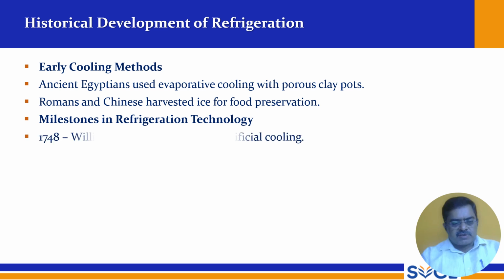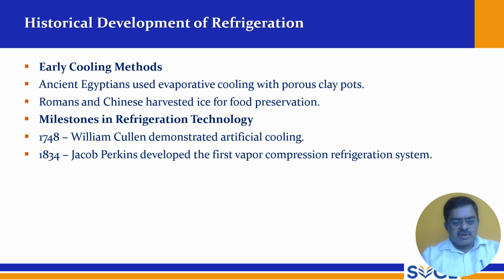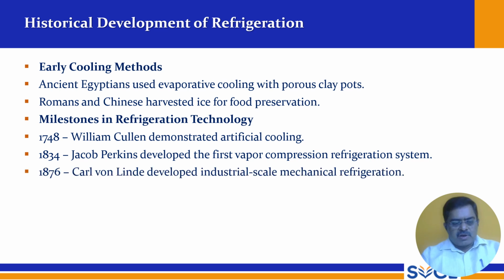Milestones in refrigeration technology: in 1748, William Cullen demonstrated artificial cooling. He is the first person who demonstrated artificial cooling. In 1834, Jacob Perkins developed the first vapor compression refrigeration system. So this is when the first refrigeration system came into the picture. Then in 1876 Carl von Linde developed industrial scale mechanical refrigeration.